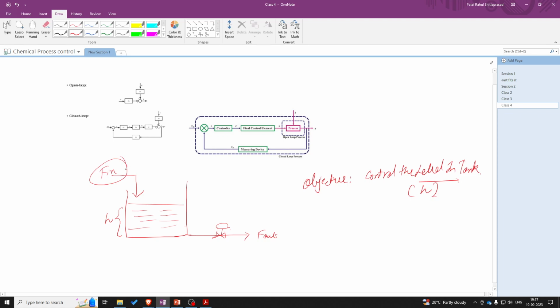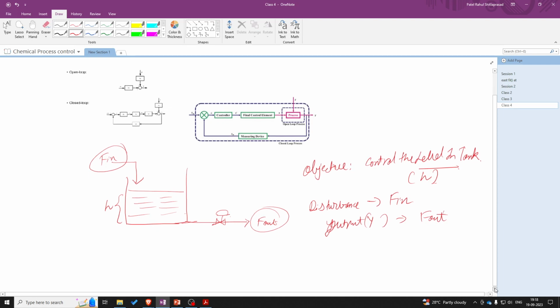We can't manipulate or change this flow input, so for the disturbance, we can write flow input. The output we can consider as the flow output from the tank. The output of the system, Y, is equal to F output.